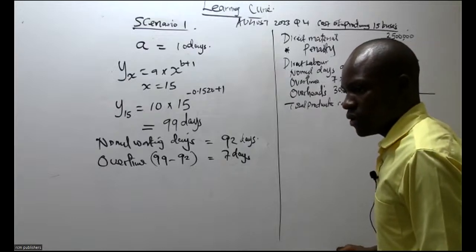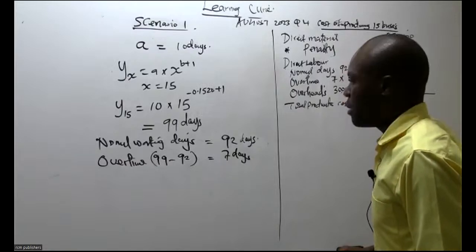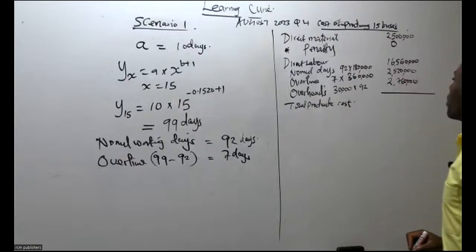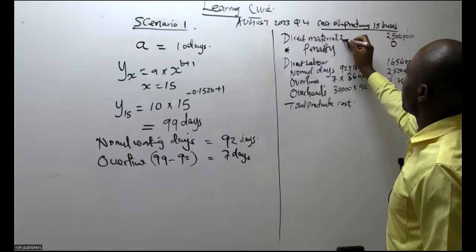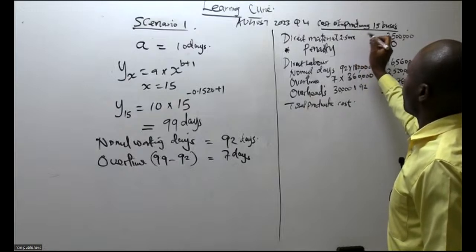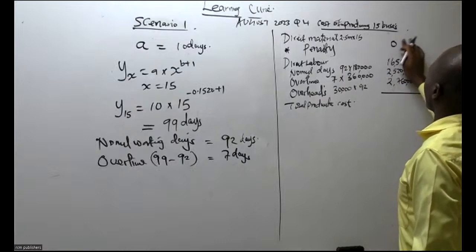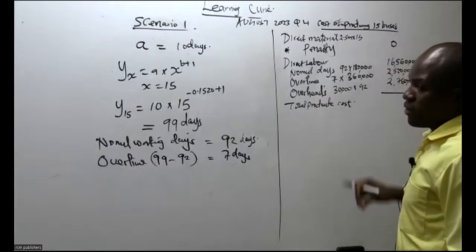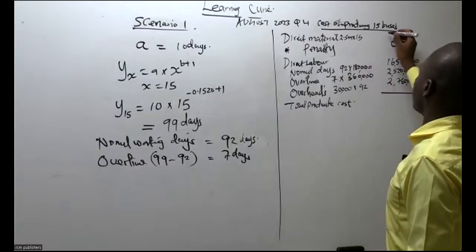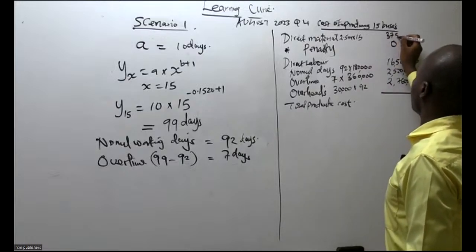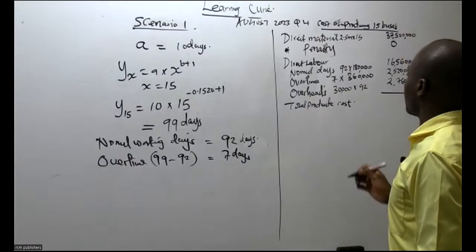Direct material of 2 million per bus. Oh, well, thank you. It is 2.5 million for each bus and there are 15 buses. So tutakuwa na ngapi hapa? 37,500,000. So you have to be keen on that.